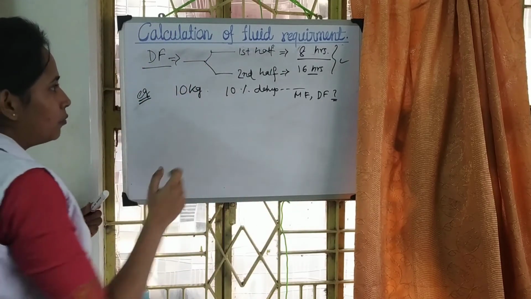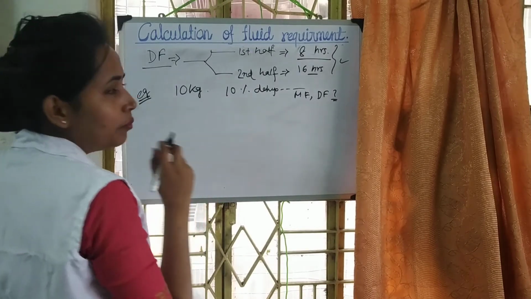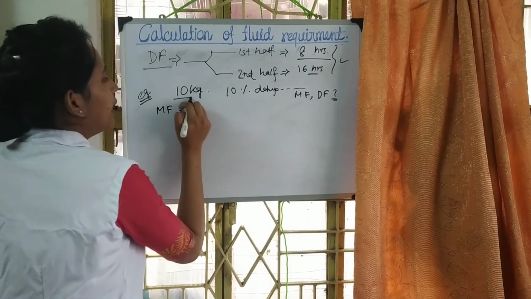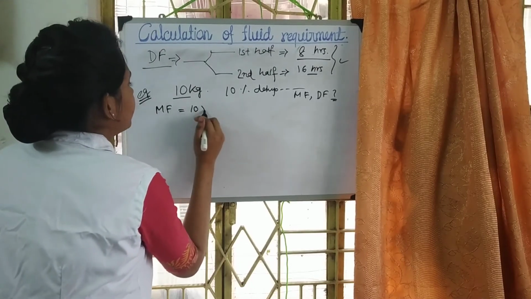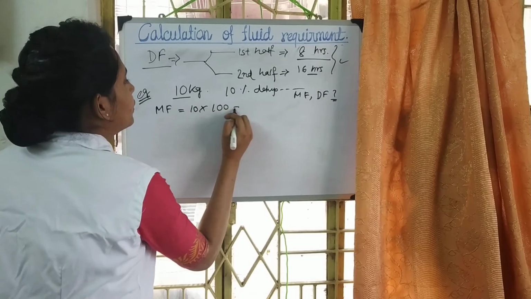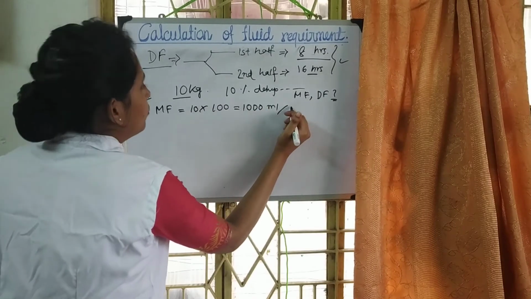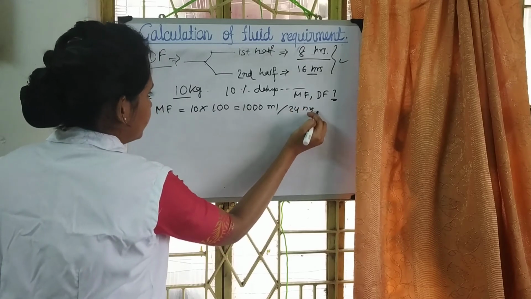First of all, I am going to calculate the maintenance fluid. That is easy. Maintenance fluid is equal to 10 kg body weight, 10 into 100 is equal to 1000 ml per 24 hours.